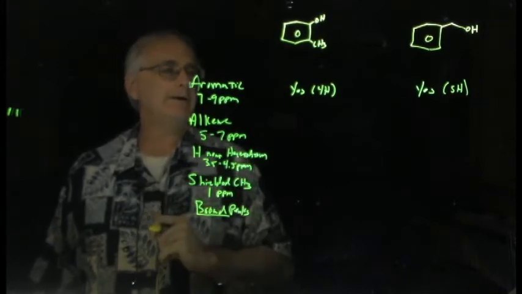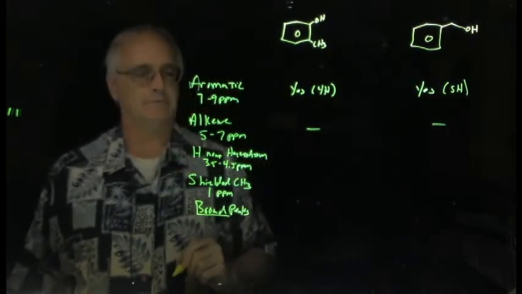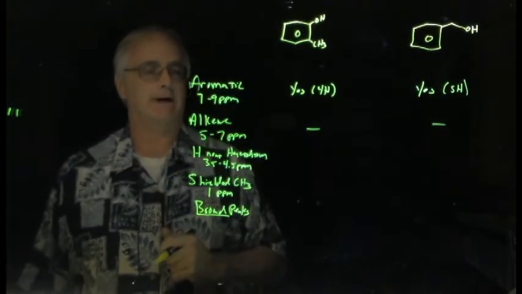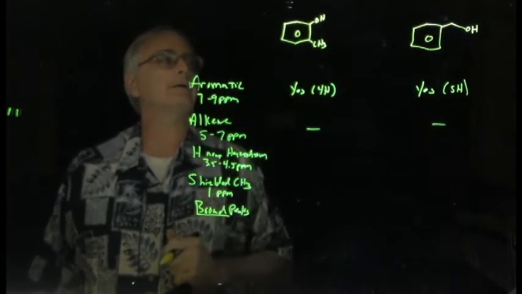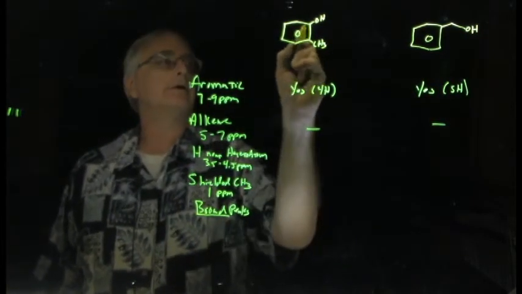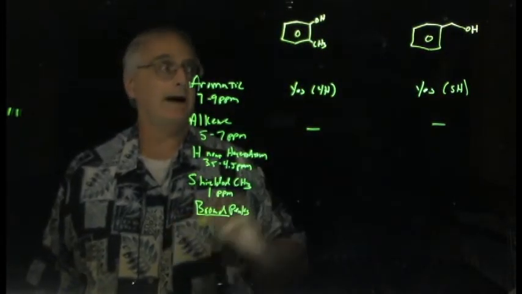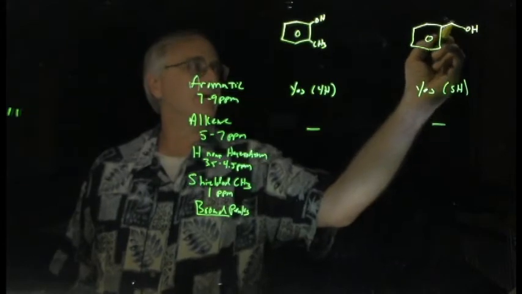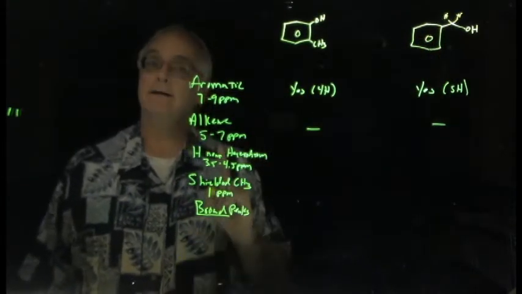Second best friend, alkene. Neither one of these is an alkene, so that one's not going to help us much. Hydrogens near a heteroatom. There's a big difference as well. This molecule does not have a hydrogen near a heteroatom. Remember, this is an aromatic ring. That carbon does not have a hydrogen attached. But this carbon, drawing in the hydrogens explicitly again, does.